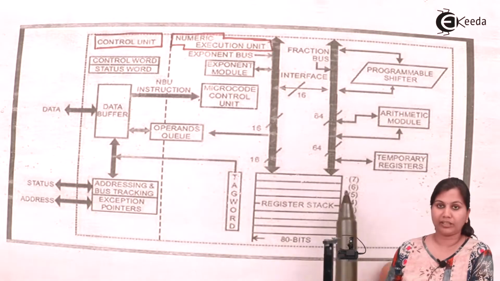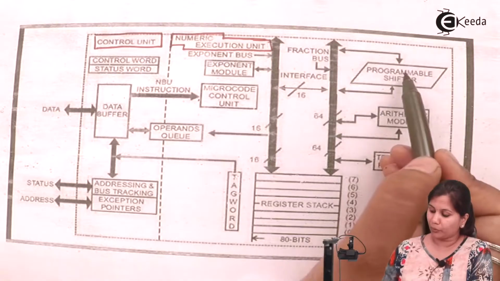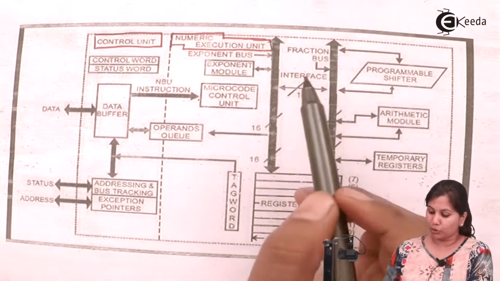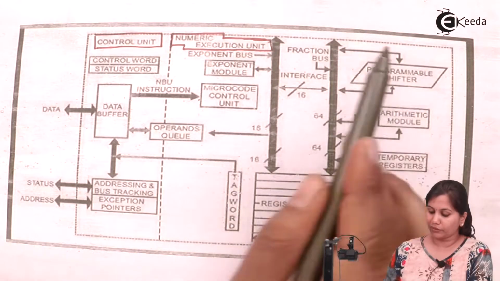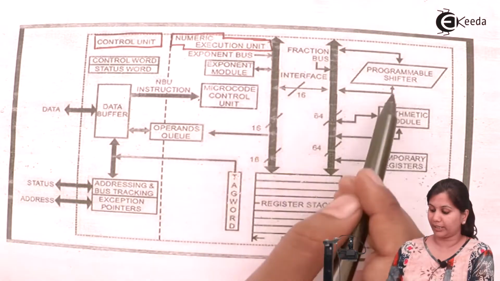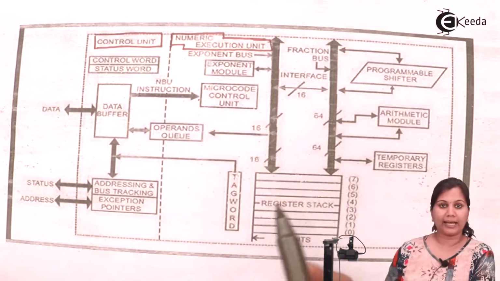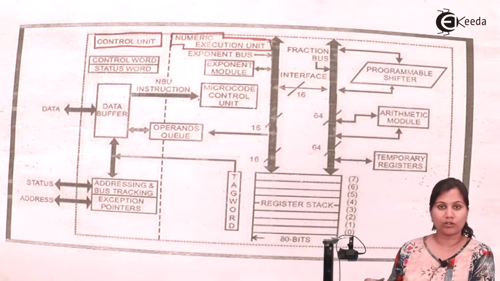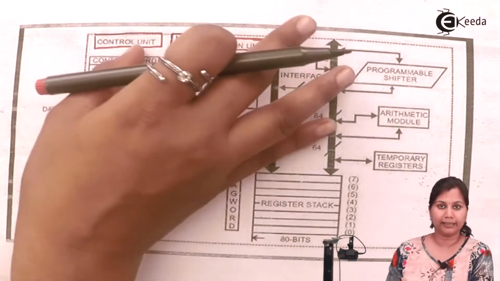Then here we have the stack, okay, programmable shifter, arithmetic module, temporary registers. So all these different parts of the numeric execution unit are performing the numeric calculations, okay, numeric processes like arithmetic, logical and data transfer instructions, all of them are handled by this.